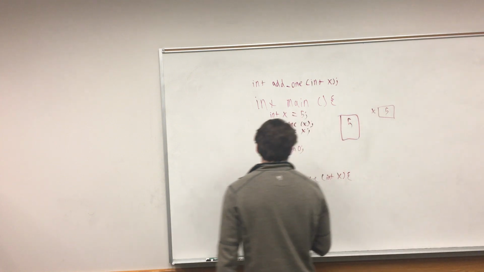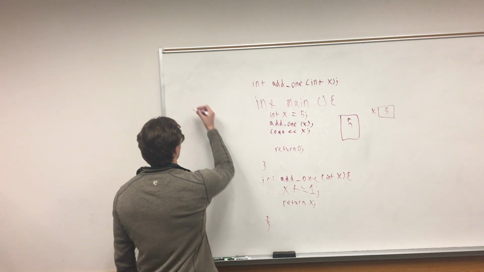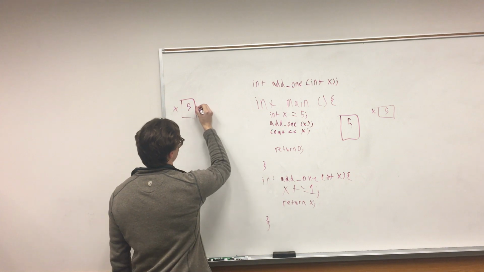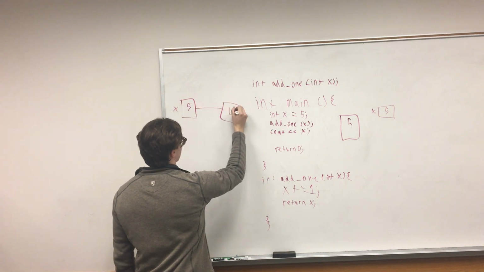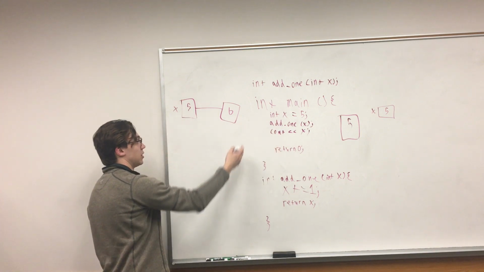So by default, all functions use pass by value. What this means is that, so we have our variable x here, which is 5, and we want to try to add 1 to it to get 6. If we did this inside of main, it would be very simple, or we'd be able to update it inside of main.